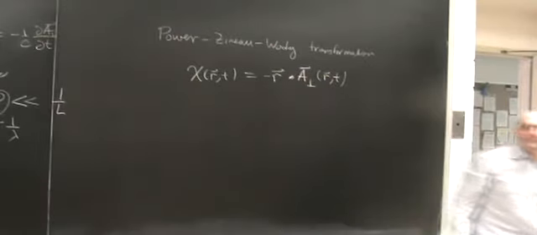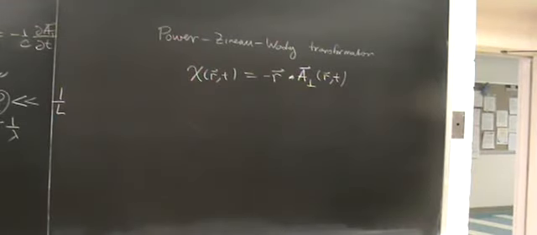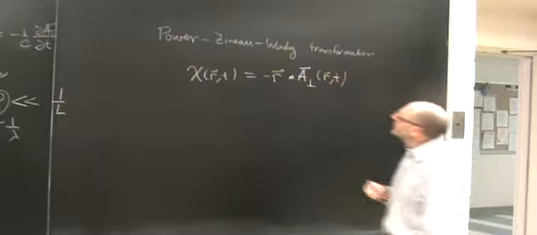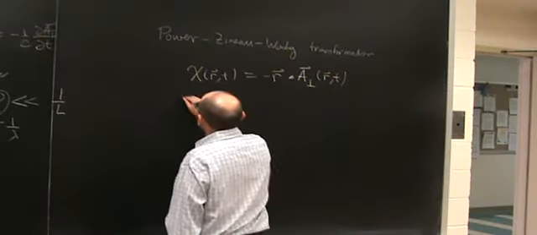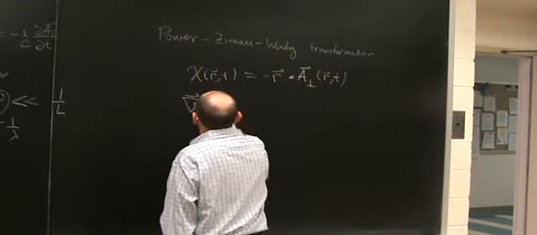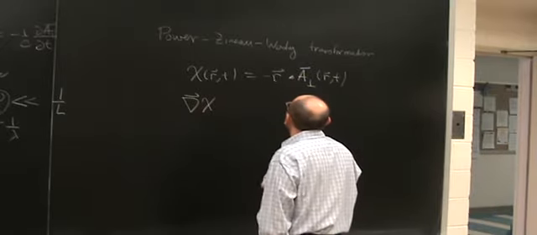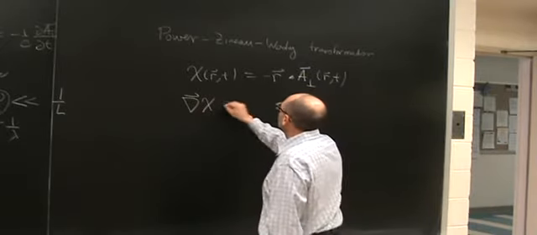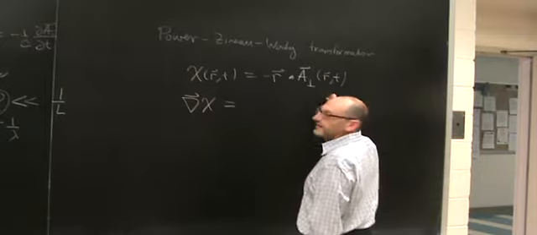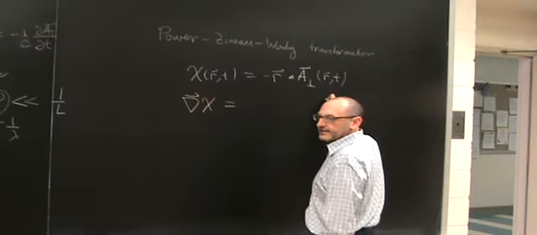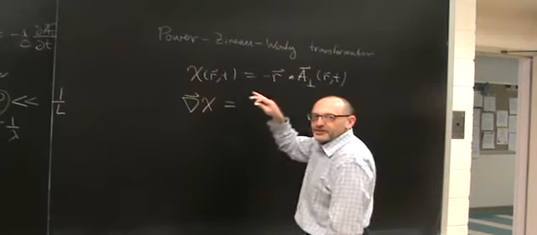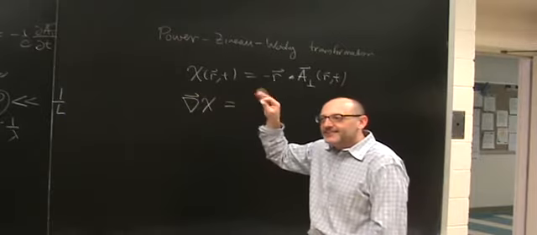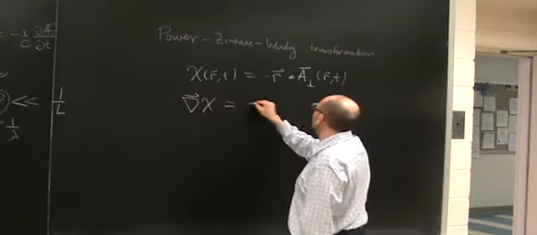Still transverse. So now the gradient of chi, I have to take the gradient of this thing, and then go through your epsilon ijk's, or whatever, and you get the following.